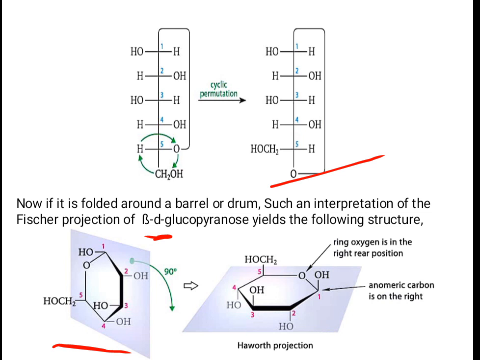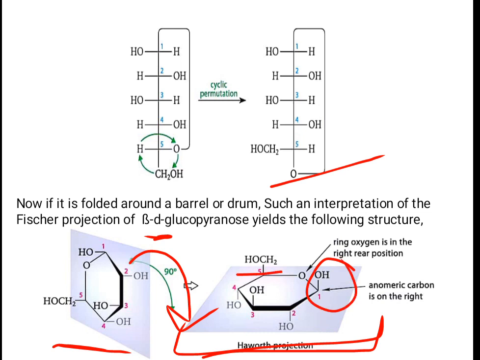And if you just make 90 degree, that means if you flatten this, you will get this structure, where you can see this anomeric OH is in the same position as this CH2OH. So it will be beta anomer of D-glucose.